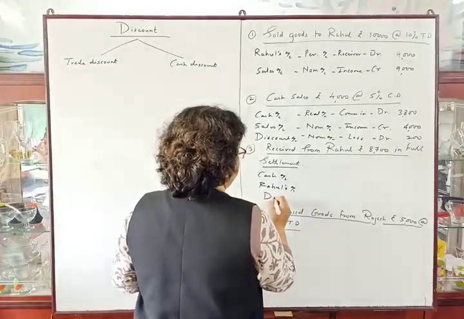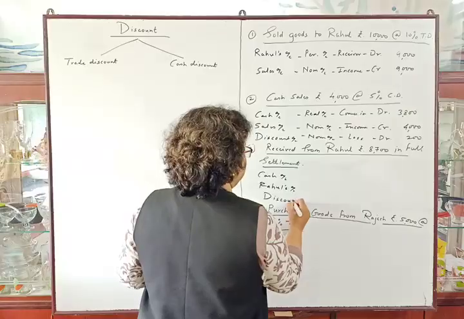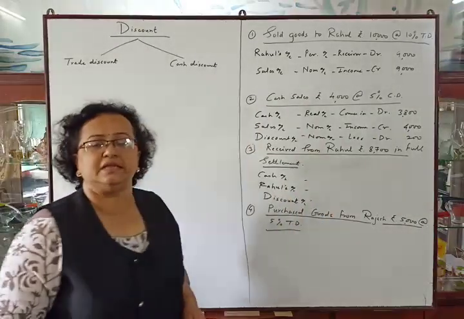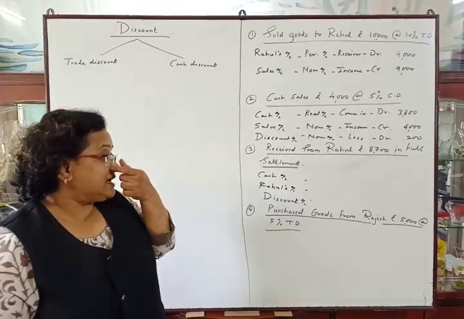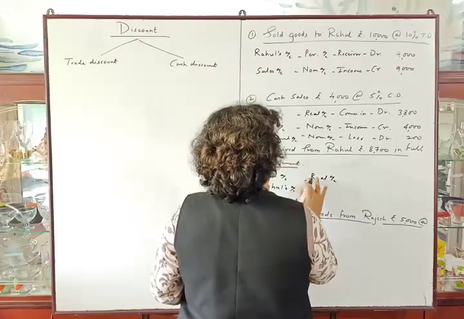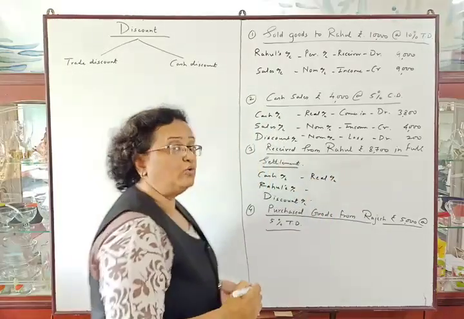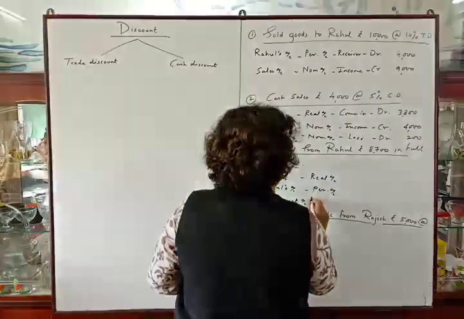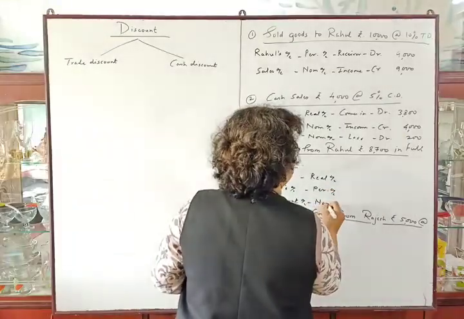And third account will be discount account, because again while making the payment we are allowing him cash discount of rupees 300. Cash account is real account. Rahul's account is personal account and discount account is nominal account.